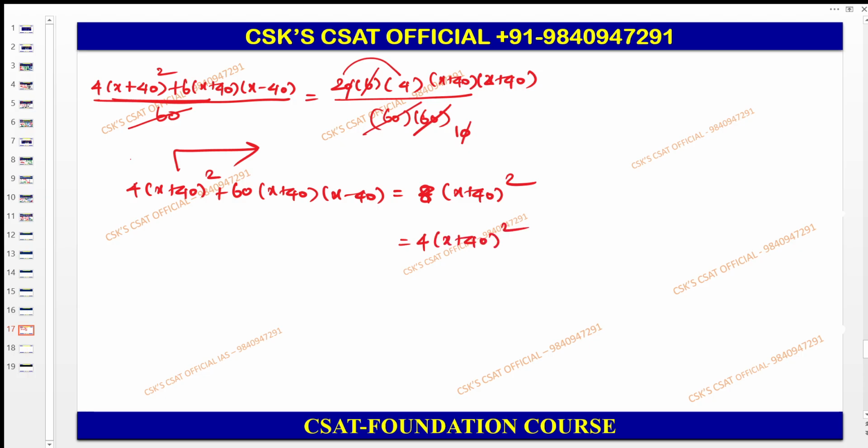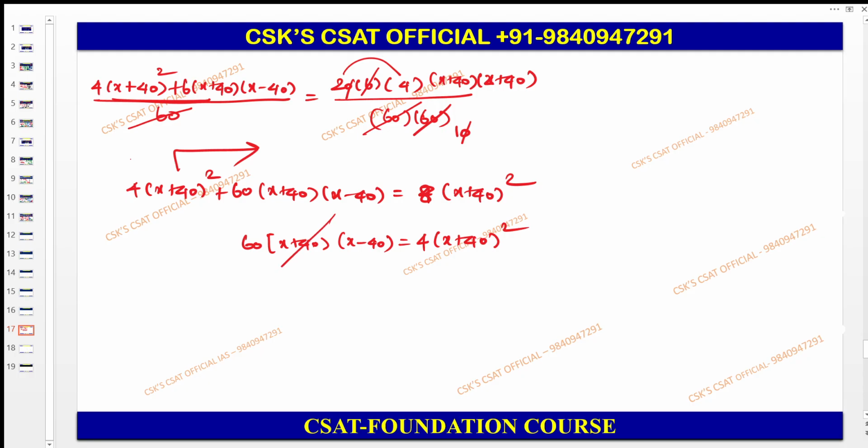Now we have to rearrange this one. 8x minus 6x minus 240. Okay, so I hope you are getting this.